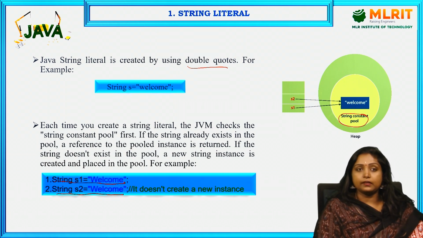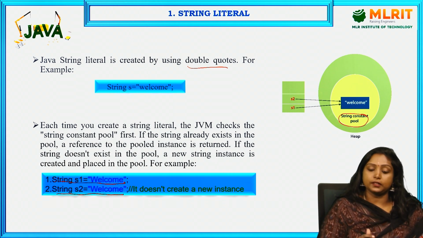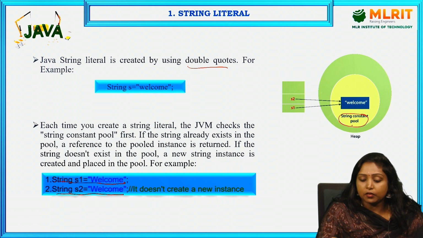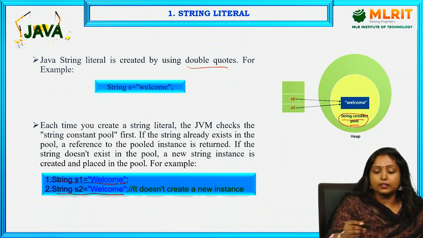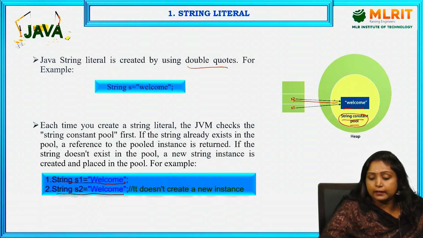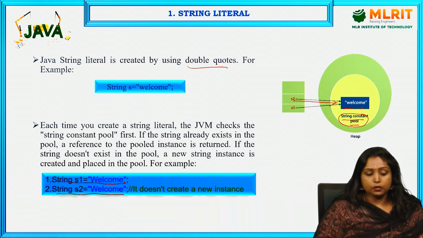So what happens is that it does not create a new instance. Here we have a pool called the string constant pool, which consists of strings. Whatever string objects you are creating are kept here, and it won't create a new instance; it will be directly referenced by s2 also. So this is what happens in a string literal.